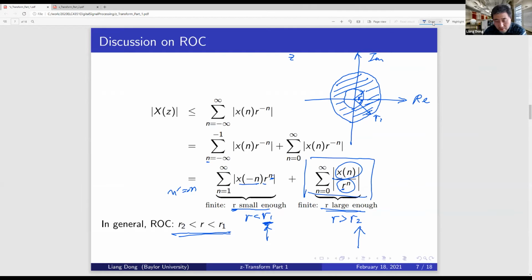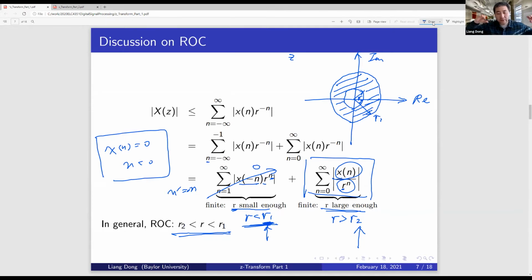If the signal is causal, meaning that x[n] equals 0 when n is less than 0, this first term completely goes off. This term is 0. So I don't need to worry about R1. Actually, R1 will, in this case, be infinitely large, so R1 reduces to the infinitely large point in the complex plane.